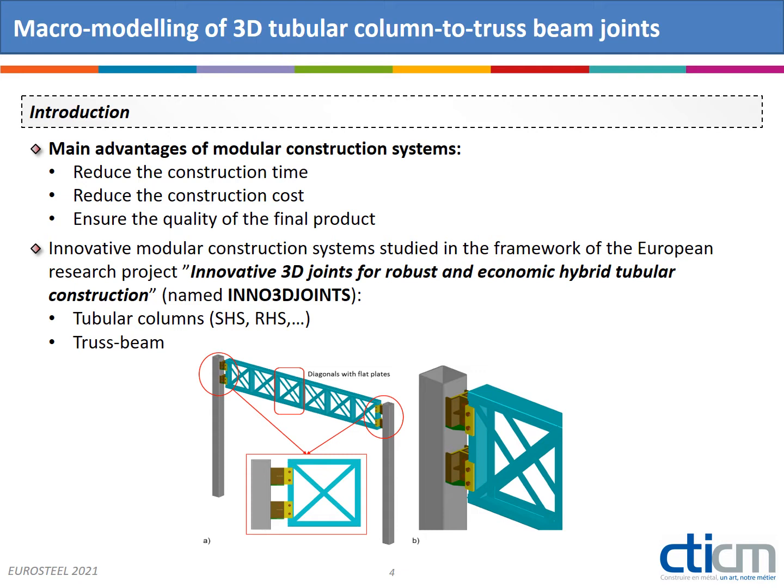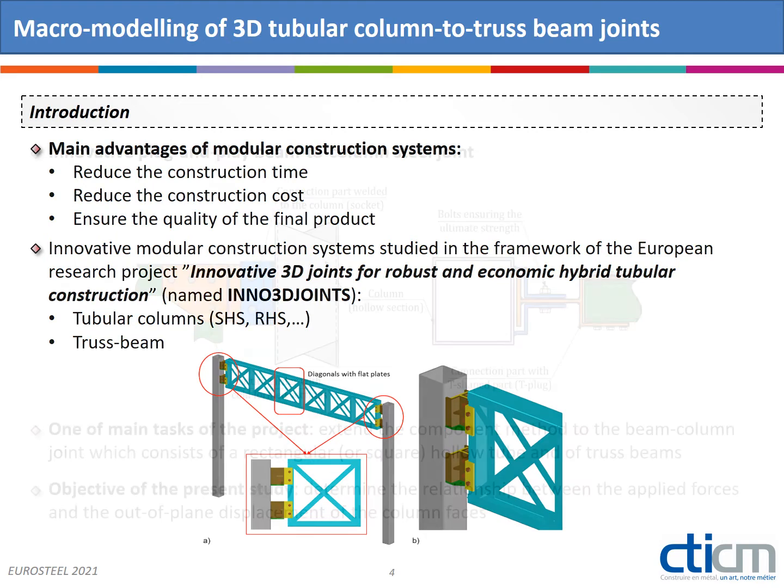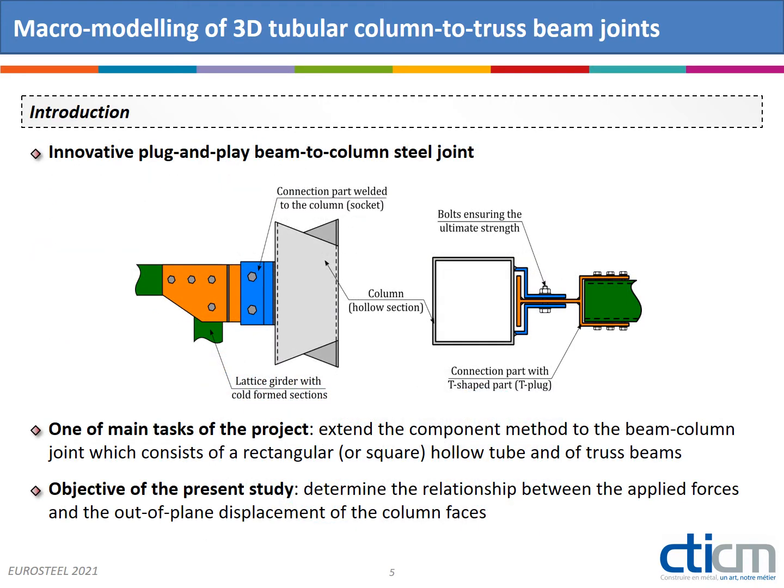It consists of a truss beam made of conform section connected to tubular columns of square hollow section or rectangular hollow section by using innovative steel joints. This innovative steel joint consists of two main elements, orange part and blue part as indicated in the picture.